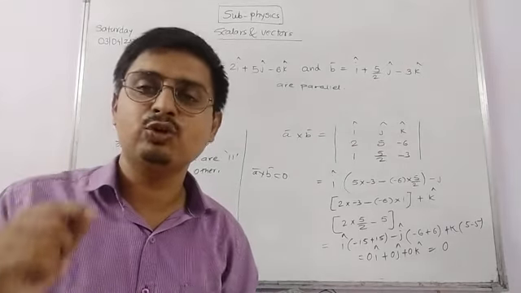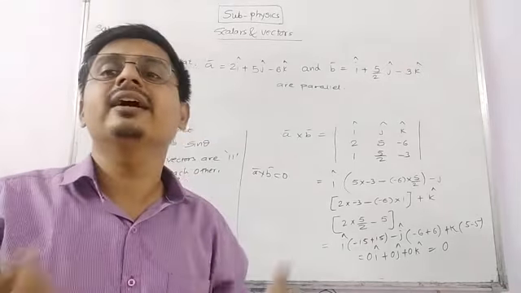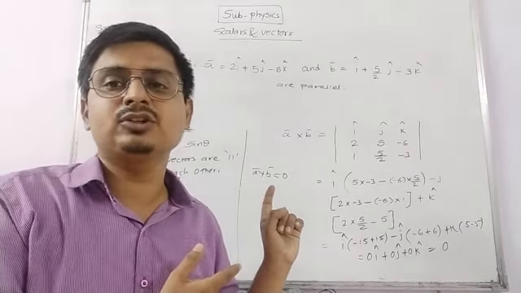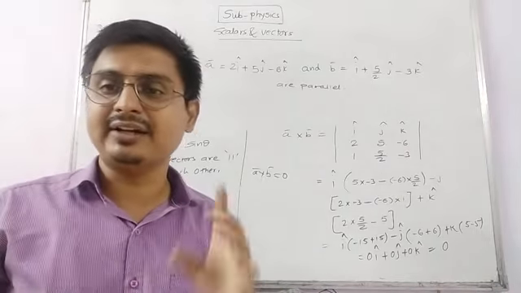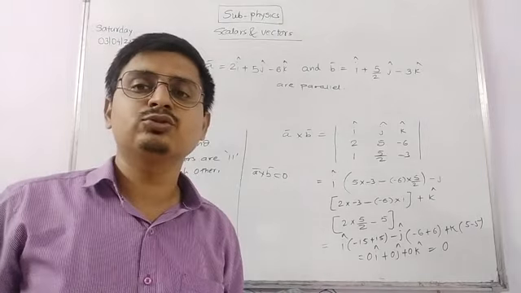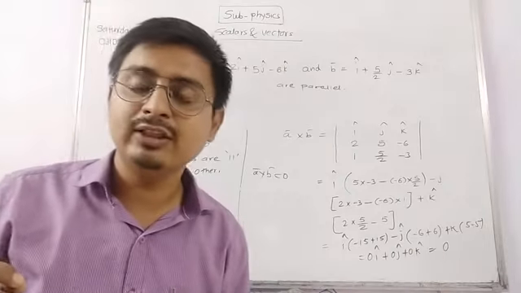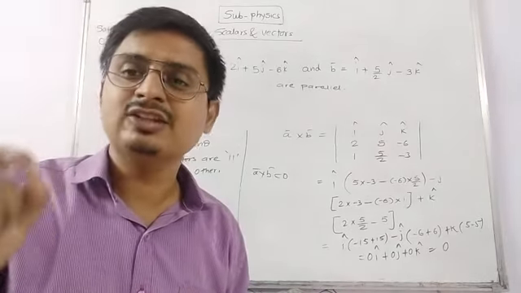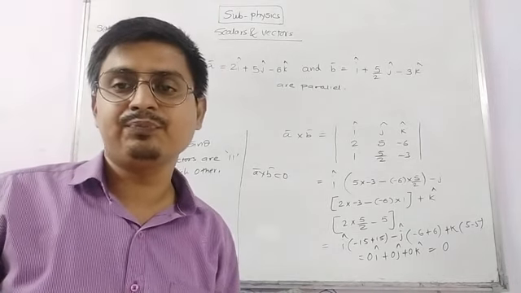If two vectors are said to be parallel to each other, then their cross product is 0, vector product is 0. और अगर दो वेक्टर्स एक दूसरे को परपेंडिकुलर हैं तो their scalar product, that is dot product, is 0. That's it.